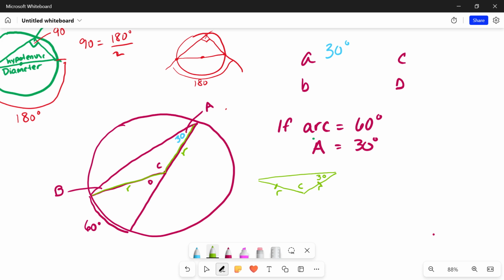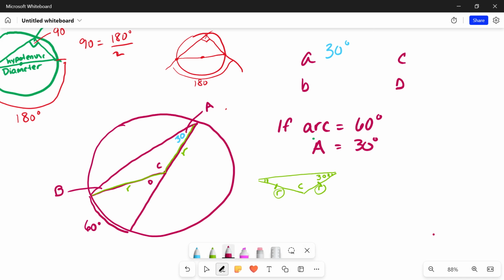There's a base angles theorem, and what we know is that if two sides are equal, then the two angles are going to be equal. Because this side over here equals this side, this angle over here is going to equal this angle over here.